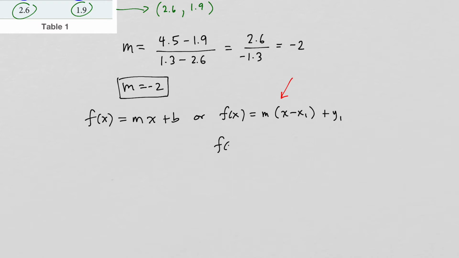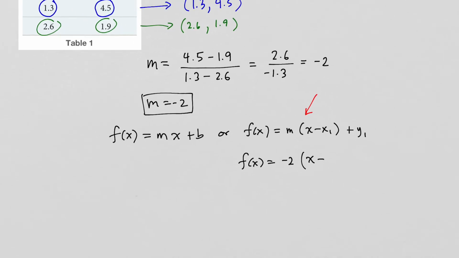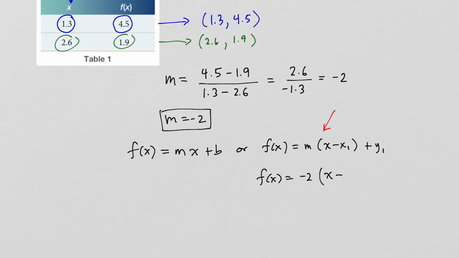So we're going to say f of x is equal to the slope m, which is negative 2, multiplied by x minus x1. Now for x1, all I need to do is pick one of these 2 points. I'm going to choose the first point, which was 1.3, 4.5. So this is my x1, and this is my y1.